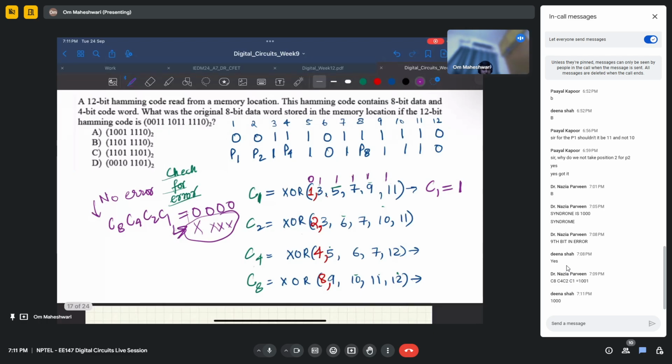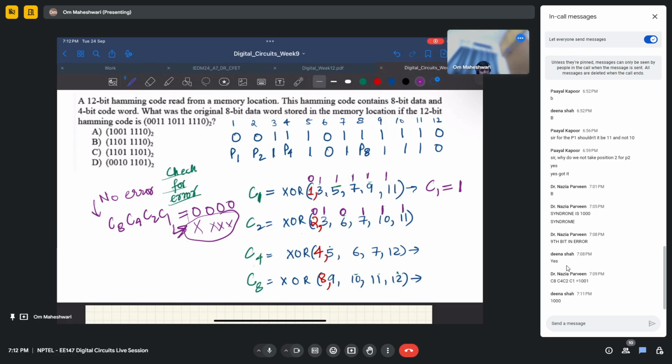So C1 we have found out to be 1. C2, let's see, it is 2, 2 is 0, 3 is 1, 6 is 0, 7 is 1, 8 is 1, and 11 is 1.